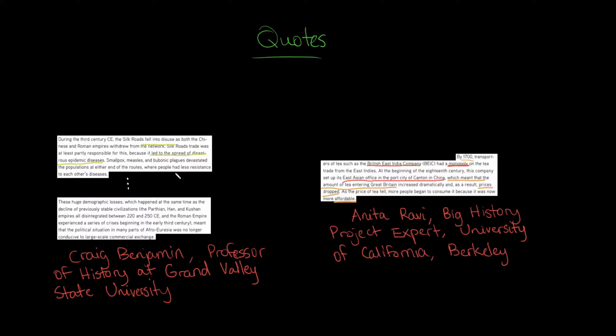Smallpox, measles, and bubonic plague devastated the populations at either end of the routes, where people had less resistance to each other's diseases. These huge demographic losses, which happened at the same time as the decline of previously stable civilizations, meant that the political situation in many parts of Afro-Eurasia was no longer conducive to large-scale commercial exchange."